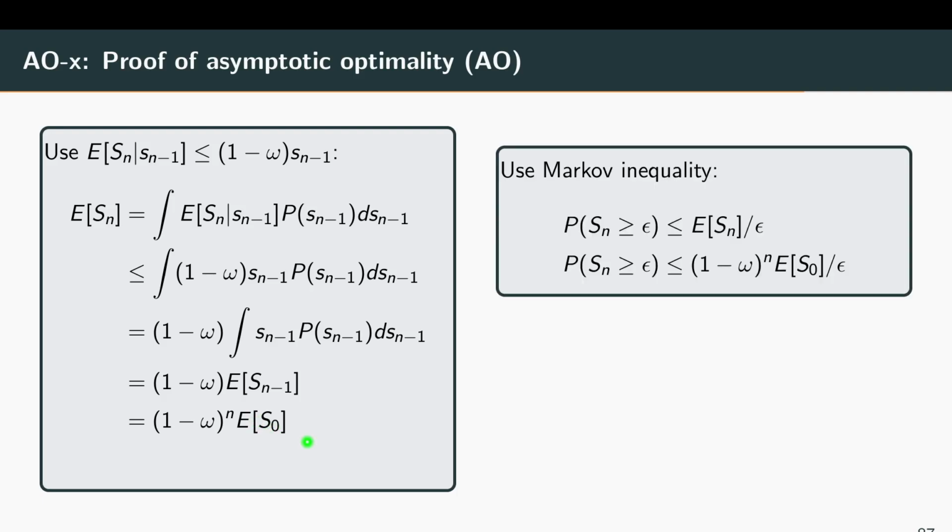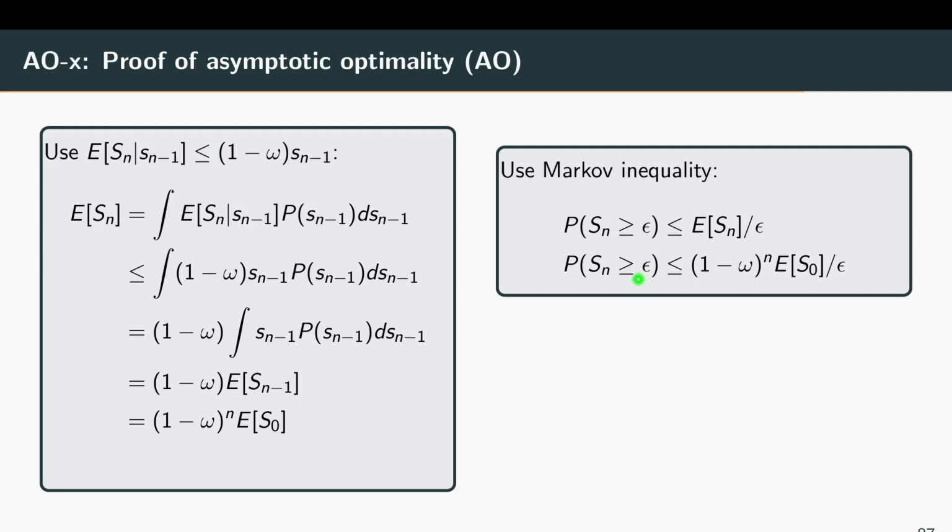Okay, and then the second step, we use now the Markov inequality. So I have written that down here again. So the first line is really just the Markov inequality. And then we simply replace this expectation over here with the value that we have found here.